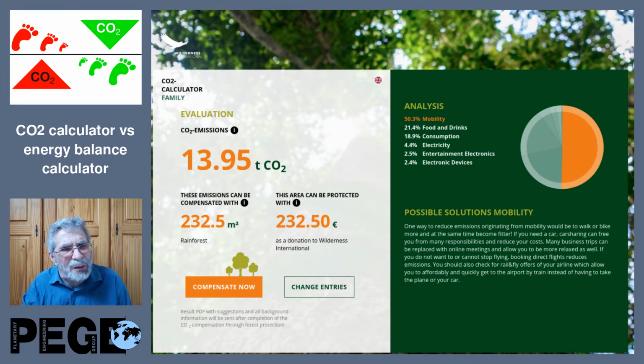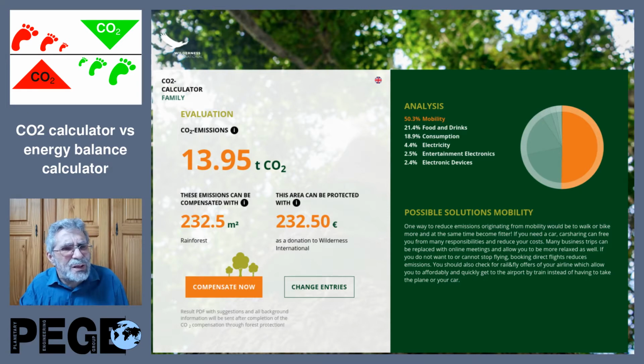Oh, and there is also 2.5% of this 13.95 tons for entertainment electronics. Why? The electricity consumption is already in the 7,000 kilowatt hours I stated, but these items have to be produced, and they calculate this CO2 emission for the production.